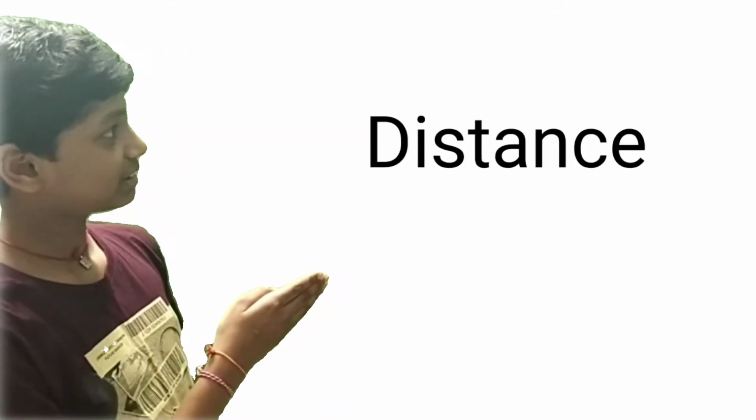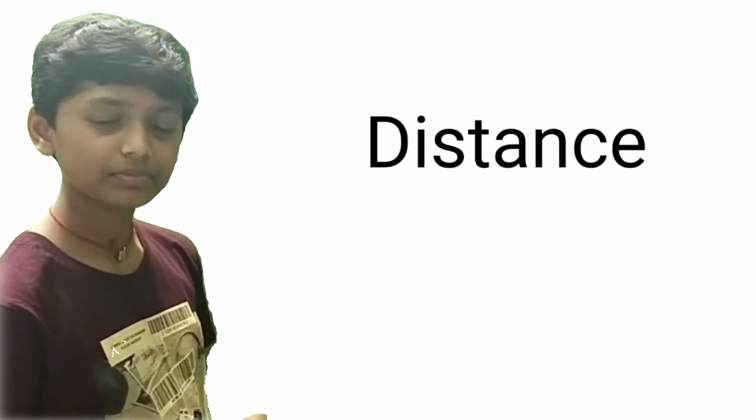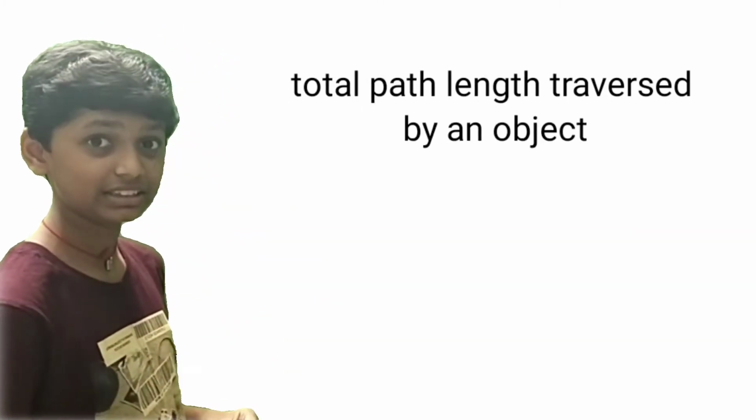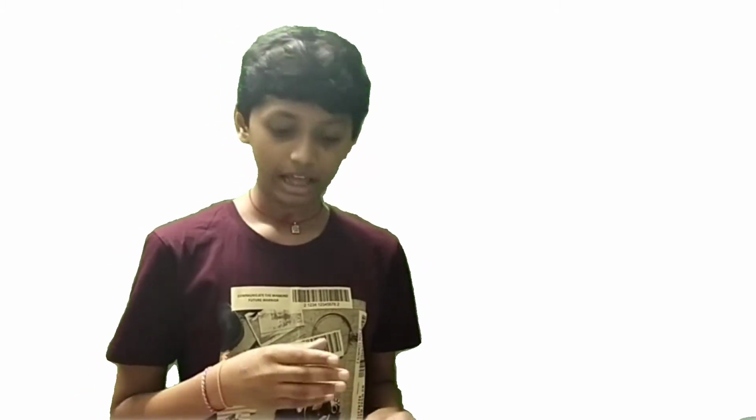Okay, first derived physical quantity: distance. Distance means the total path length traversed by an object, whether the object is moving in a straight line or a curved path. For example, from your home to the market first, then from the market to school.